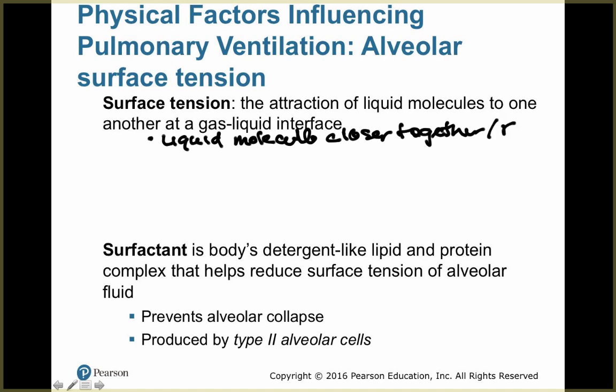And it's going to reduce contact with dissimilar gases.